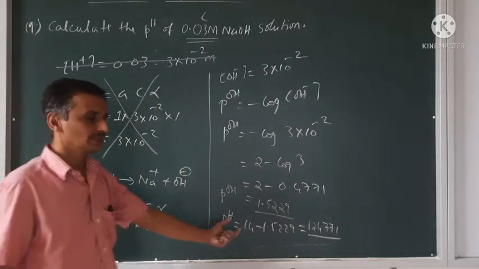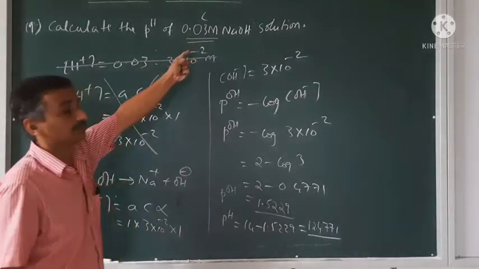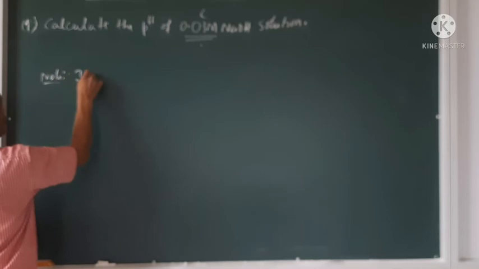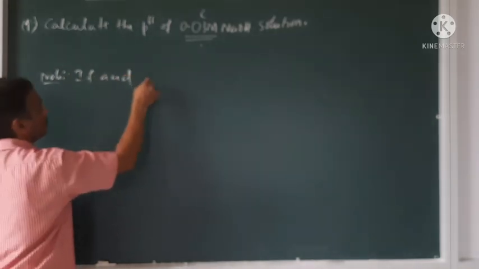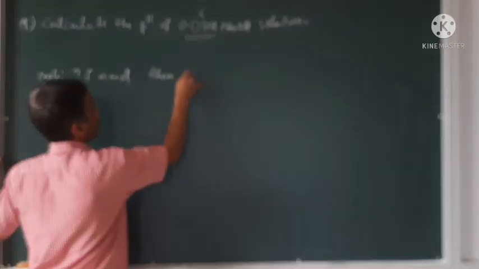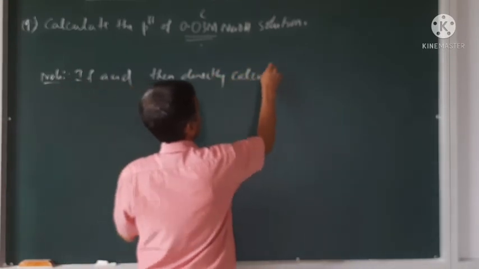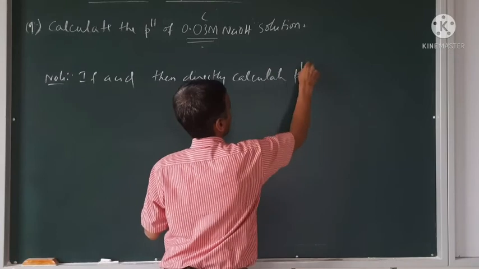.4771 is the pH of the solution. Write down what? If acid, then directly calculate pH.